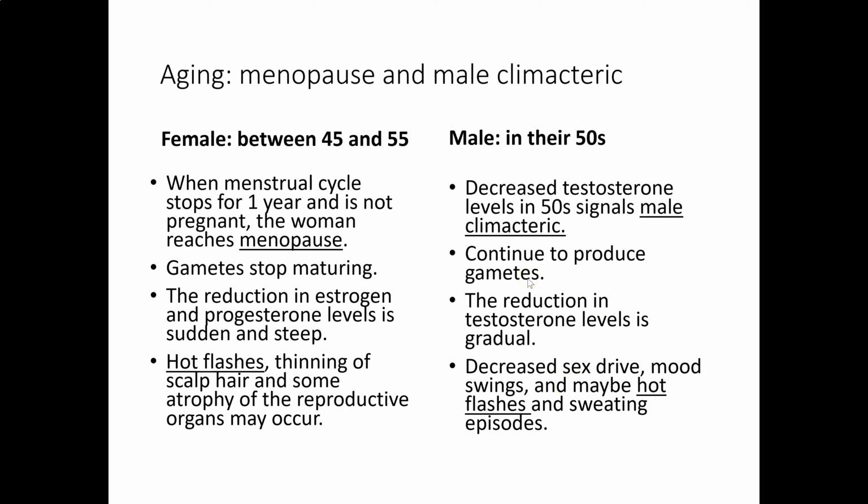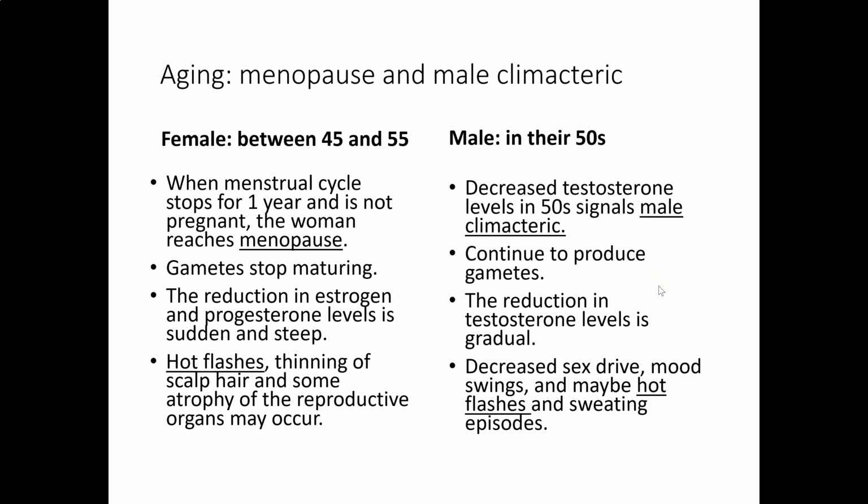But the difference is that the male, even though going through a decline in hormone levels, with testosterone level also decreasing, has a reduction that is gradual, not sudden and steep. And the males continue to produce gametes.